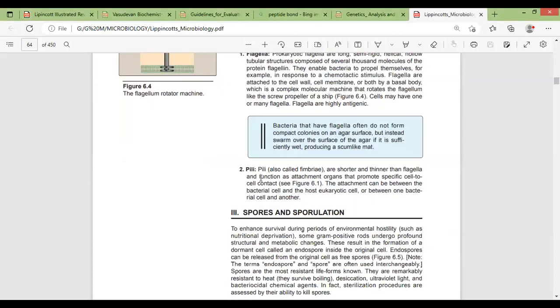The other thing we mentioned is the pili, or the pillars. They are shorter, they are thinner than flagella. While flagella is for movement, the pili number one is for attachment, and they also promote cell-to-cell contact.